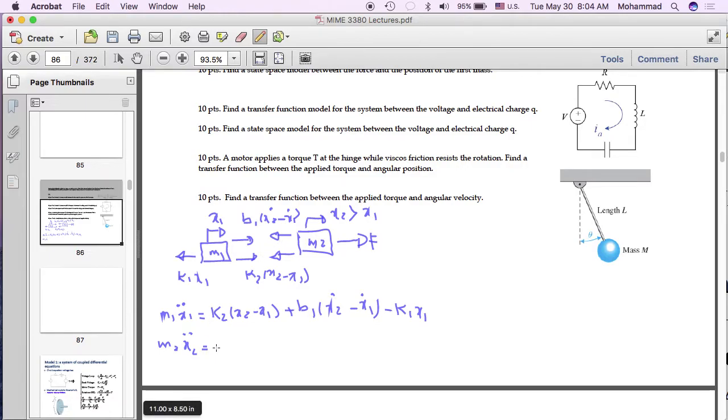So here it will receive minus K2 times x2 minus x1 minus B1 times x2 dot minus x1 dot. And the last force is this externally applied force, which is in the positive direction. So we have the two differential equations.